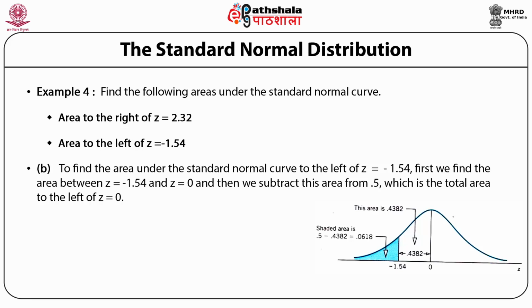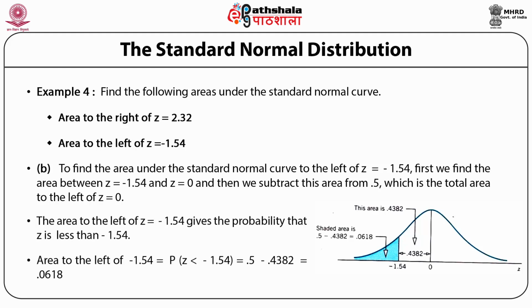This area is shown in the figure also. So the area to the left of minus 1.54 is written as probability that z is less than minus 1.54 equals 0.5 minus 0.4382, and hence the answer.